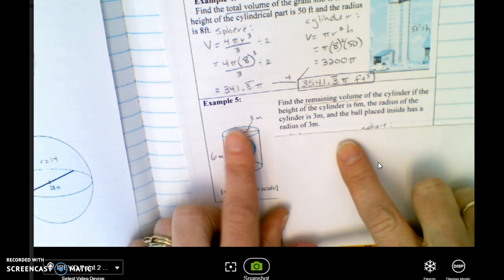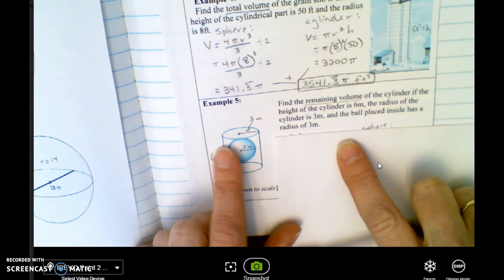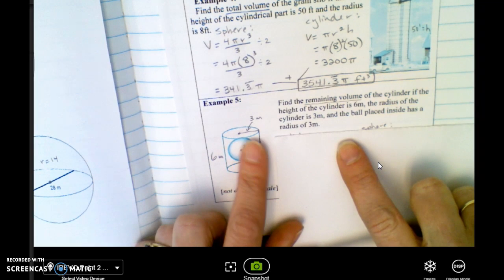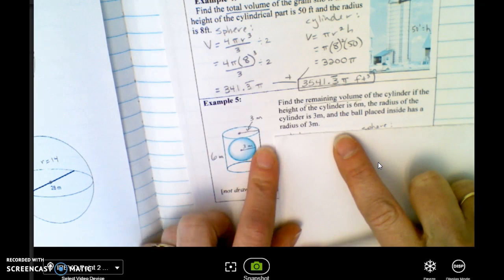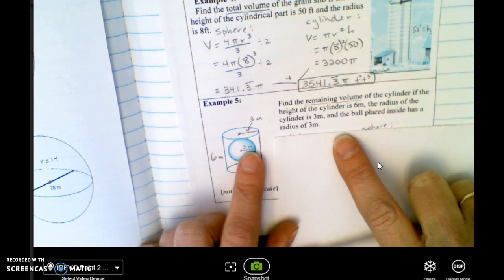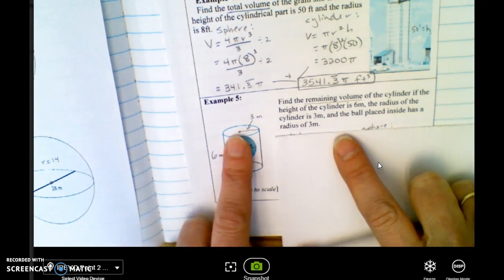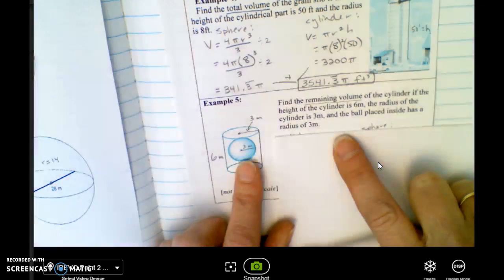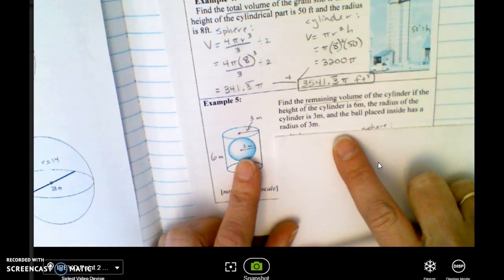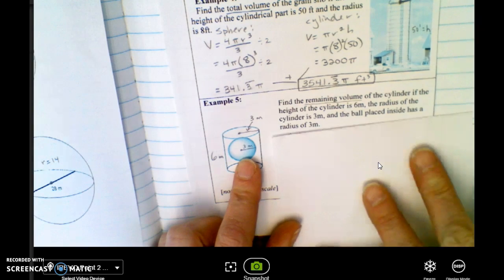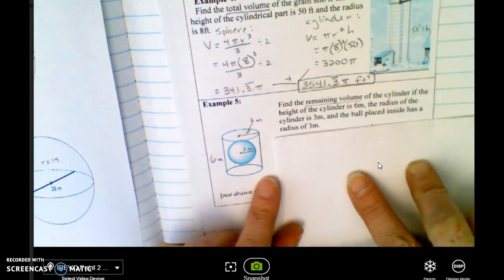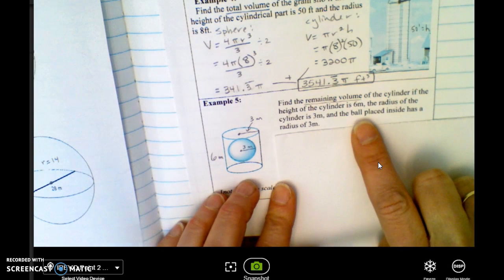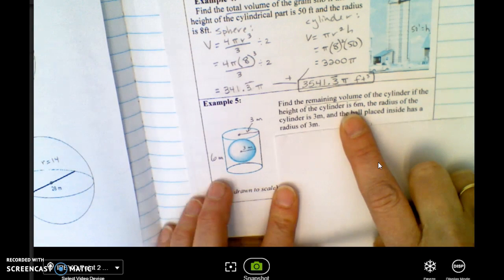And inside the cylinder, we have the sphere, and that sphere is taking up space. So what we're supposed to do is find the remaining space or volume that is still in the cylinder, even though we've put the sphere in there. So we're finding the remaining volume. Instead of adding the 2 shapes' volumes together this time, we're just going to subtract them to get the remaining volume.